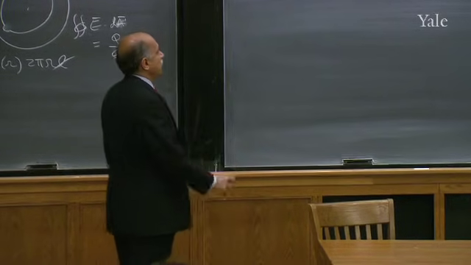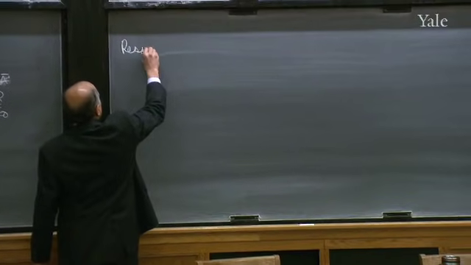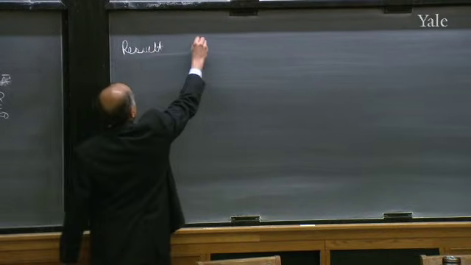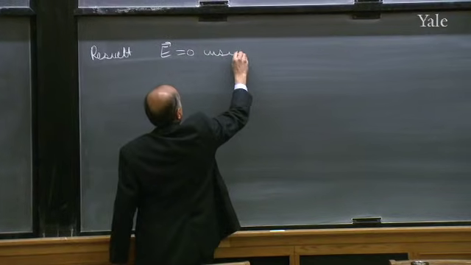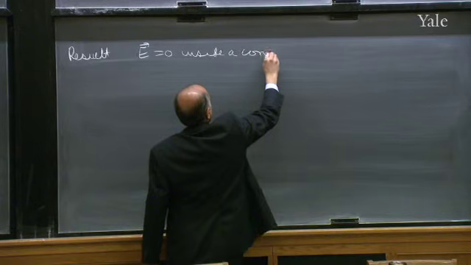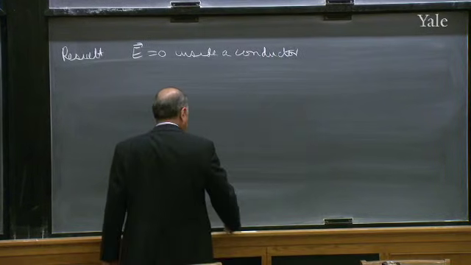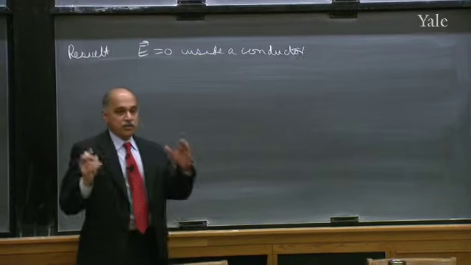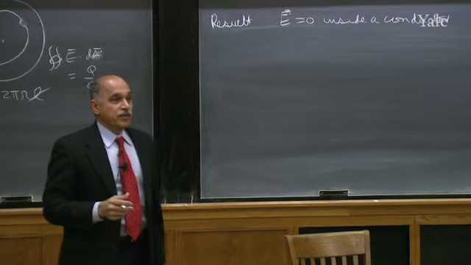So here is the first result. E is equal to 0 inside a conductor. That really follows from the meaning of the word conductor. If you took a chunk of perfect conductor, maybe copper is good enough, there'll be no electric field inside copper.